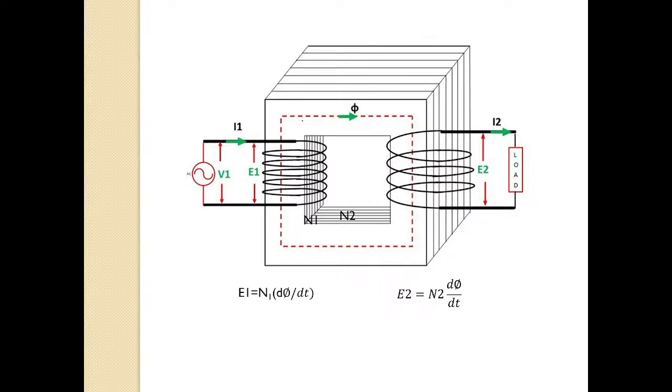Now, here you can see phi is traveling from primary to secondary.